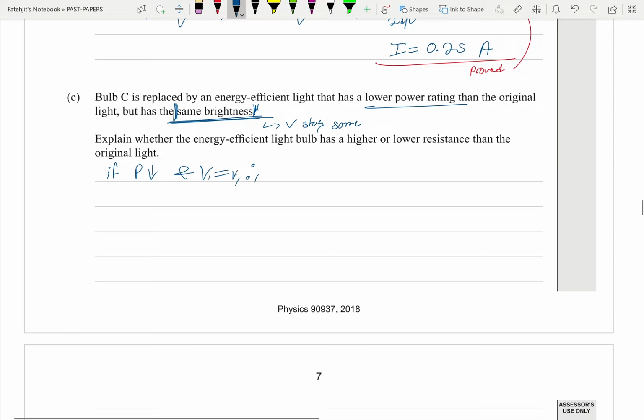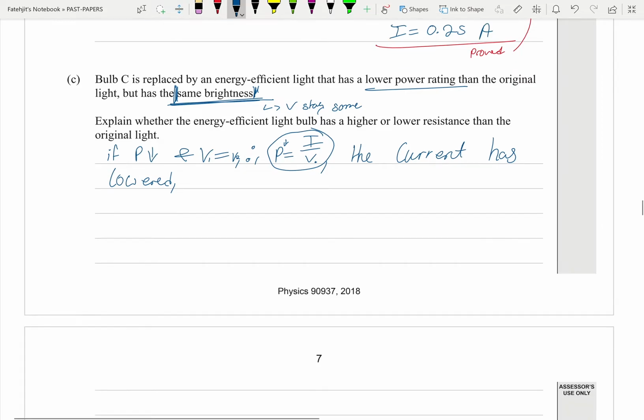Therefore, according to P equals IV, we know that the current has lowered. If P goes down and V stays the same, in order for the equation to stay balanced, I must go down because the value for P has gone down.